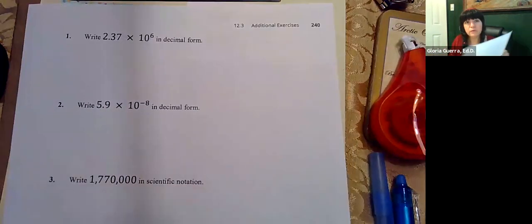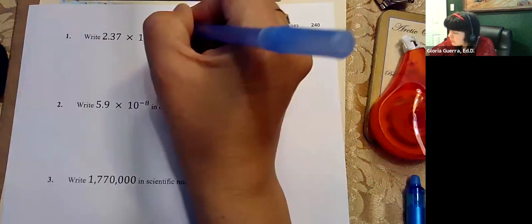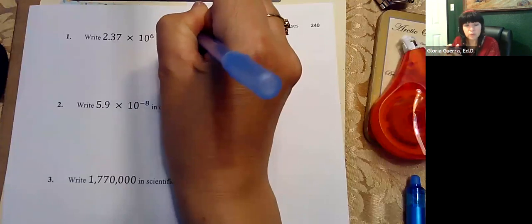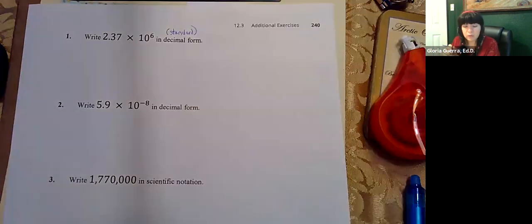Okay, so notice they have 2.37 times 10 to the 6, and they want that in decimal form. Sometimes they'll call it decimal form. Sometimes I've seen some books call it standard form. So you want to be open to both.